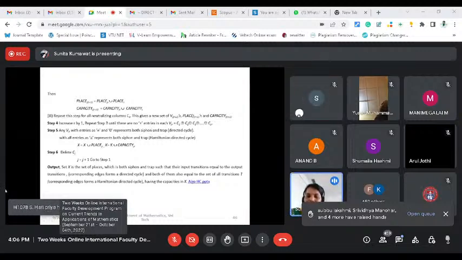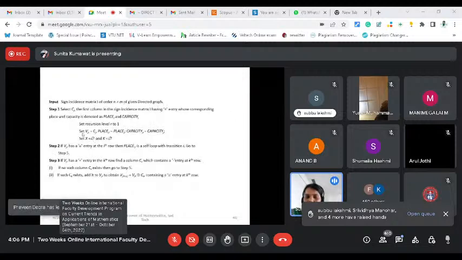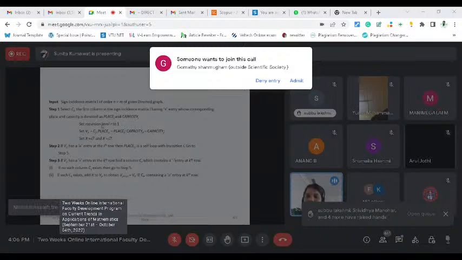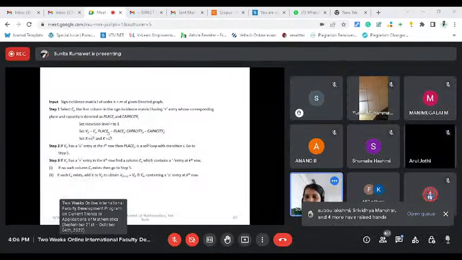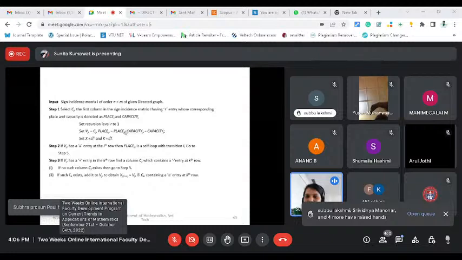Here first we take the loop recursion level, because it's a recursive process, so we set the recursion to 1, and we store the first column to VJR and the places to place JR. And capacities means the weights of the given arcs.